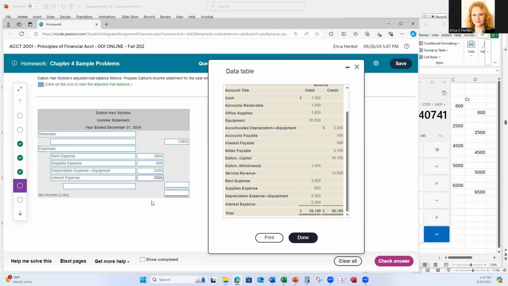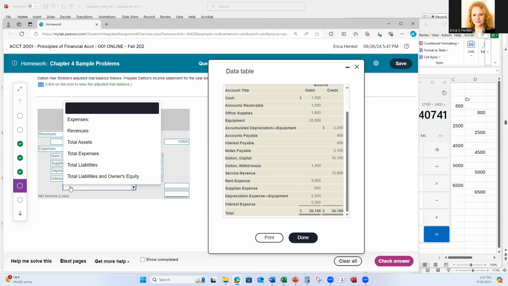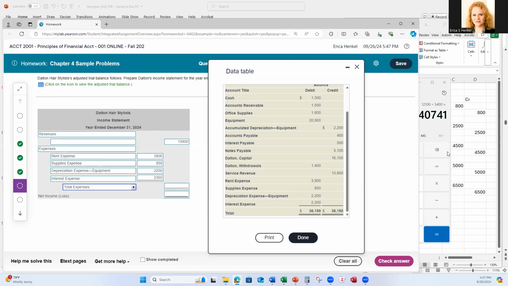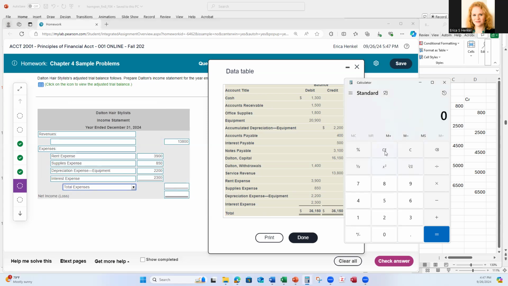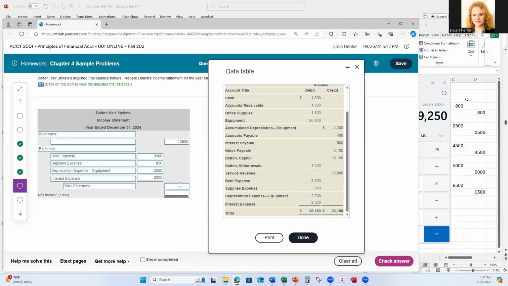It's trying to tell me to autofill this and it's not correct. And then we need to do our total expenses there. So it gets us a total of 9,250.